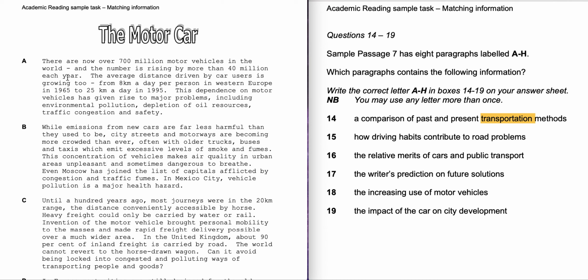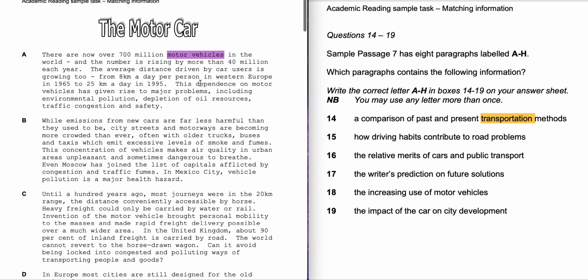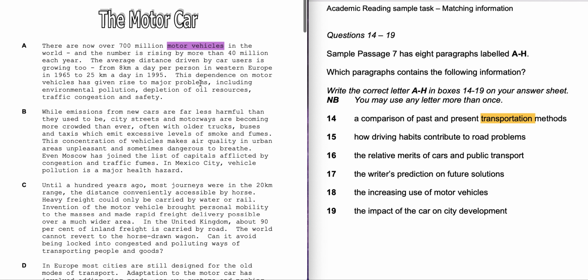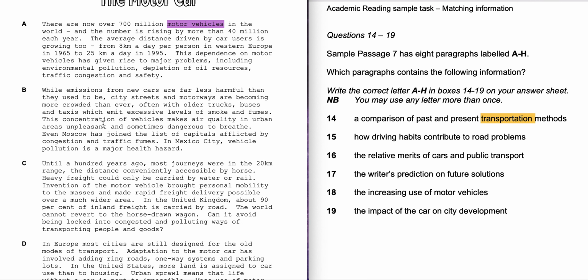So basically we can read these two sentences. There are now over 700 million motor vehicles in the world, and the number is rising by more than 40 million each year. So they are saying about motor vehicles, so you can just highlight it, but they don't say any comparison about transportation method. In the second one, B, where emissions from new car are more or less harmful than they used to be.